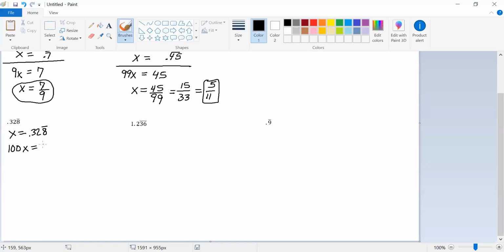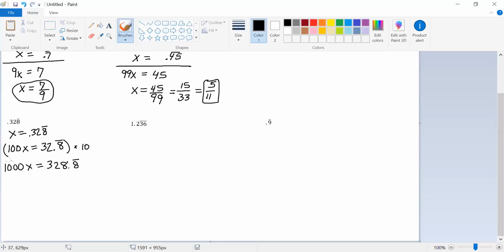So I'm going to get 100x equals 32.8 repeating. Again, there were 2 decimal places. That's why I multiplied both sides by 100, to get the decimal right before the 8. Now there's only 1 repeating, so I'm going to multiply everything by 10, which is now going to bring this to 1000x, and this to 328.8 repeating.